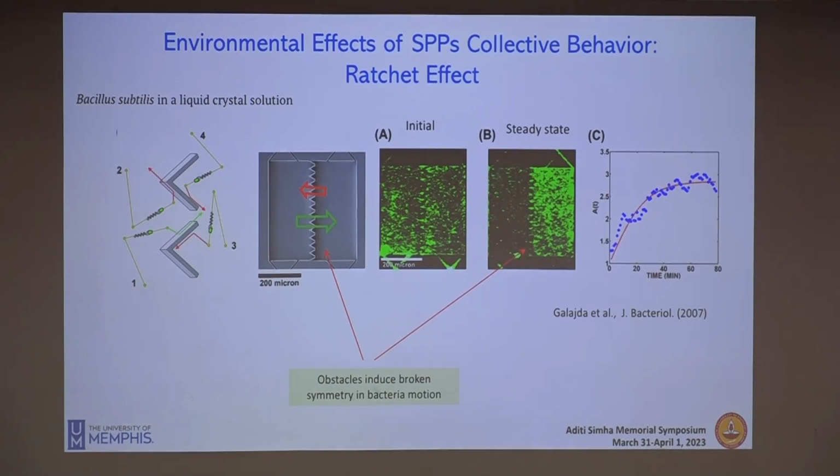If there is no activity, of course, the particles will be distributed uniformly in the system. There will not be a segregation between low density and high density regions. So that's a result of activity, just because the particles have an easier time going this way than going the other way. So there is a broken symmetry that is due to the geometry of the obstacles coupled to the activity induced in the system.